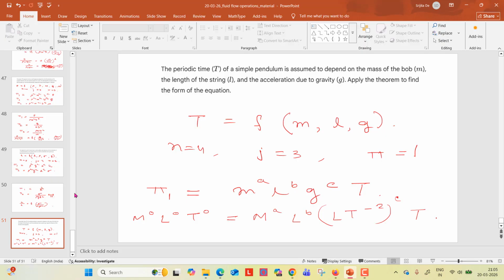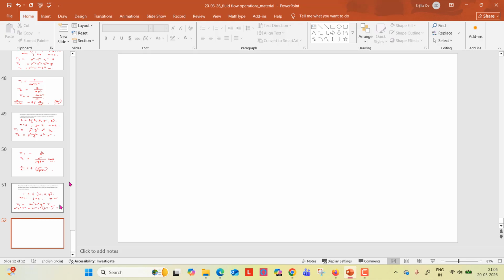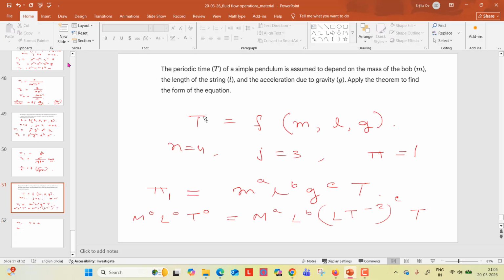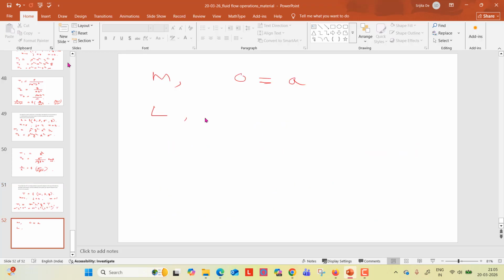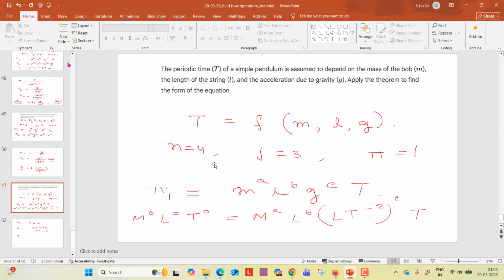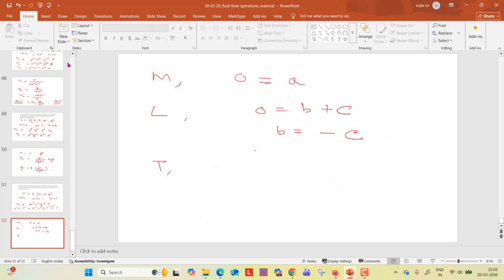If you compare m, you get 0 equals a, so a equals 0. If you compare l, you get 0 equals b plus c, so b equals minus c. And if you compare t, you get 0 equals minus 2c plus 1.